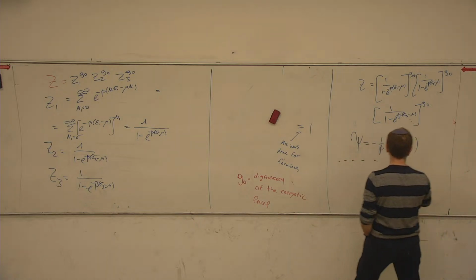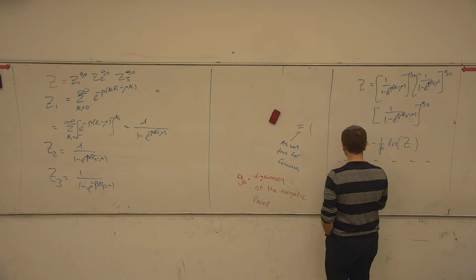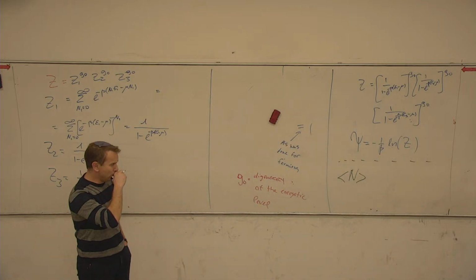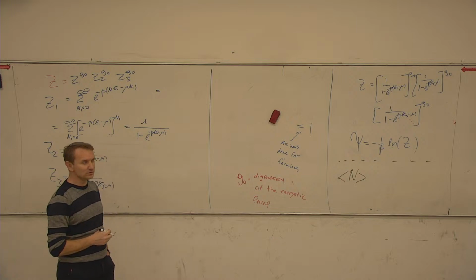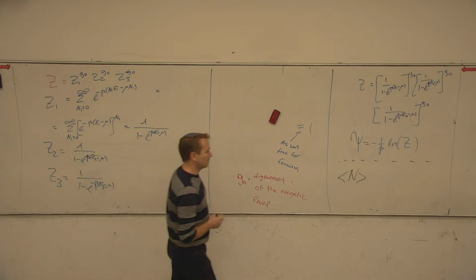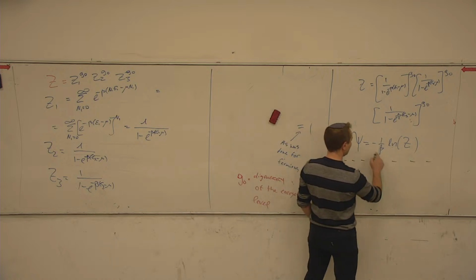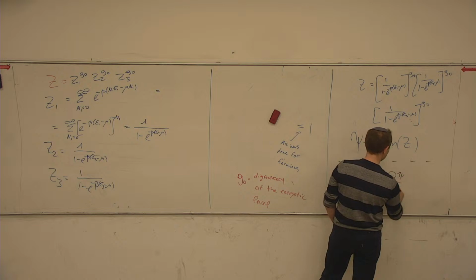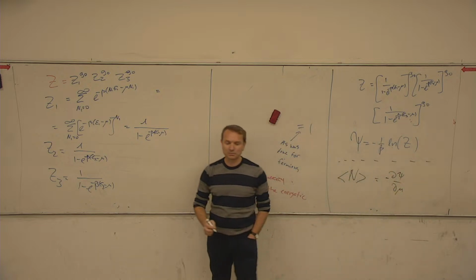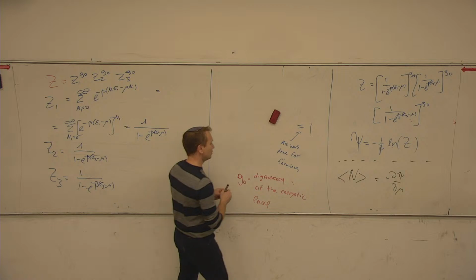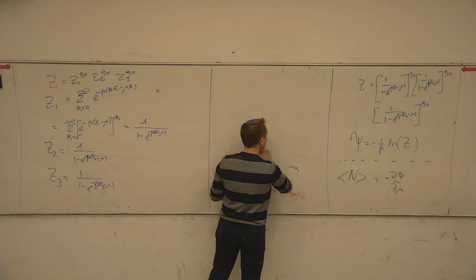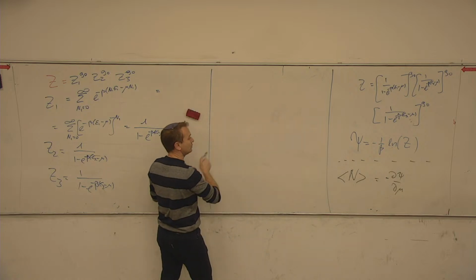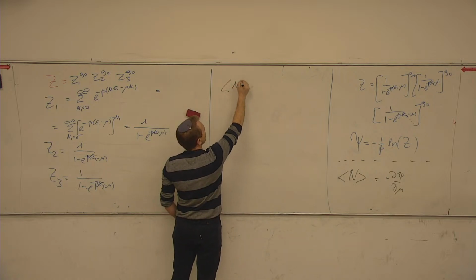For example, if I want to compute the average number of particles in the system, either I have to take minus d psi to d mu, as thermodynamics prescribes, or if I don't like to take those derivatives, I can do the following, which is basically analogous.